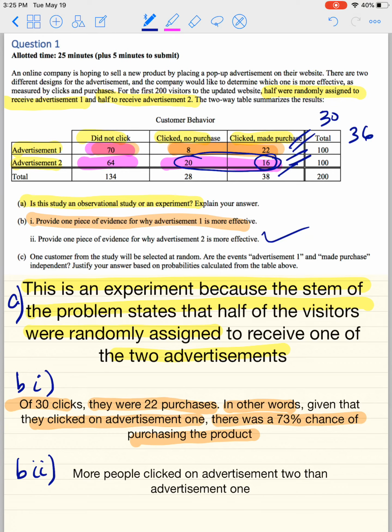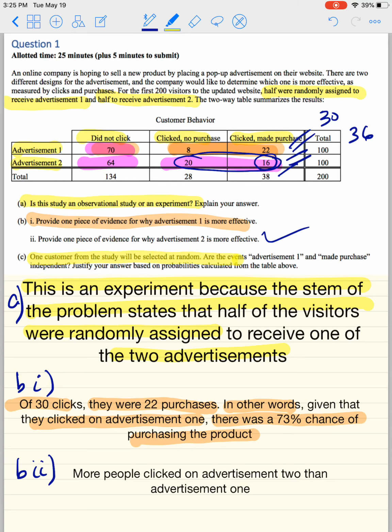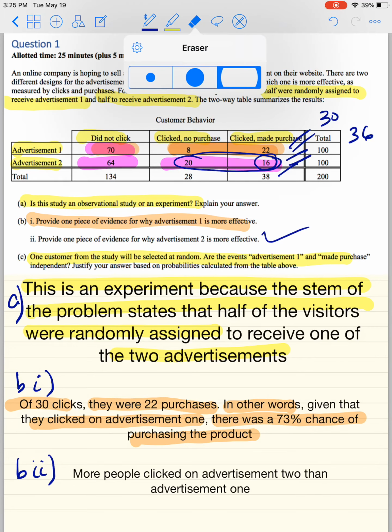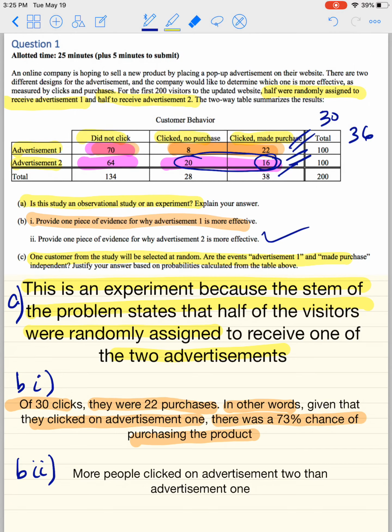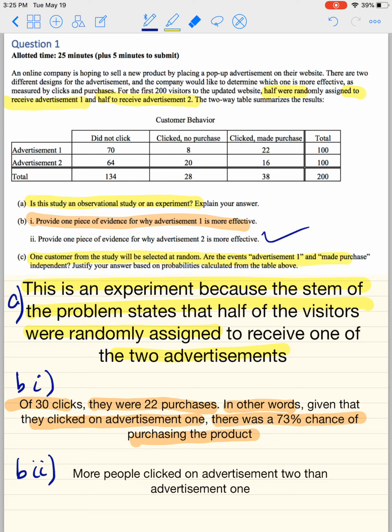All right, letter C. Letter C says, one customer from the study will be selected at random. Are the events advertisement one and made purchase independent? Okay. So I have here, advertisement one and made purchase.